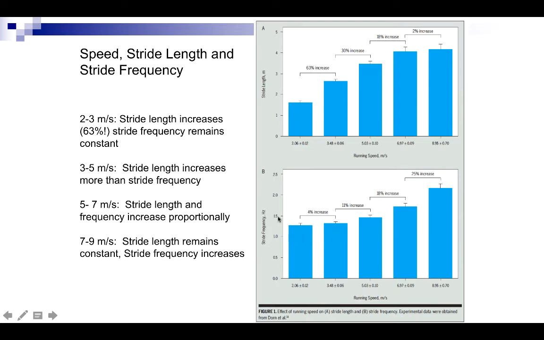If we look at frequency, at slower speeds the frequency stays fairly constant, and then when we get to the highest speeds, that's when we see our largest increases in frequency. So stride length and frequency interact to generate these different changes in speed.